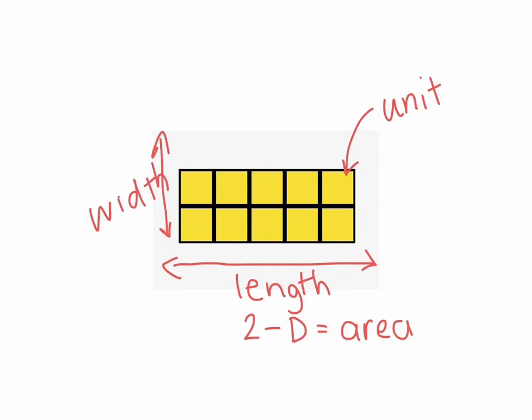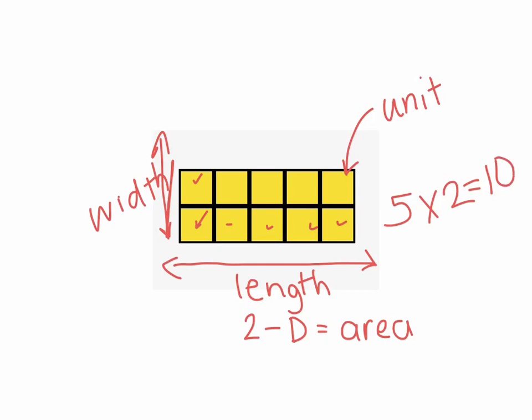And you've seen this area before. We've seen it as arrays. We're going to take the number of cubes in our length, which we've got 1, 2, 3, 4, 5, and we're going to multiply it by how many there are in the width. So the width is this way, so we've got 1, 2. So we've got 5 columns, and we've got 2 rows, and that should give us 10.